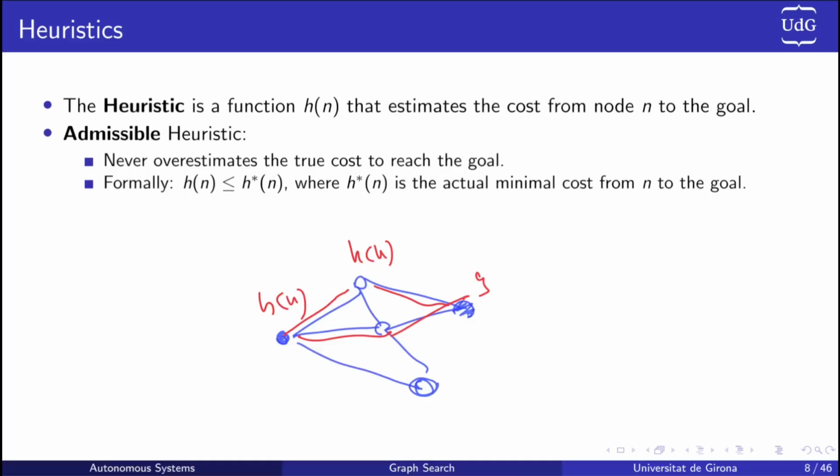If the heuristic is the Euclidean distance, then the heuristic will be equal to the reality. It's admissible. In this other case, the best path is not exactly the Euclidean distance. I don't know if it's the one that goes below or the one that goes on top, probably this one is the best one. This is a little bit more than the Euclidean distance. Then the Euclidean distance will still be smaller. Then again, it's an admissible heuristic.